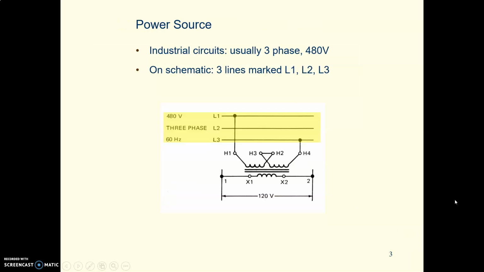When we're in a shop setting or a commercial industrial setting, the power source is usually 3 phases of power coming in on 3 lines, which you are familiar with, and our motors will be 480 volt, and these lines are marked line 1, line 2, line 3. What we're looking at here, by the way, is a symbol of a transformer.